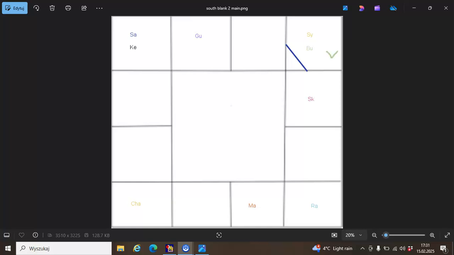We are here in the sign of Mithuna or Gemini, and we find our ruler, which is Mercury or Buddha, in its own sign. So in this scenario, we will assign the 12 full years for the Mahadasha of Mithuna, because we've got the ruler of the sign remaining in its own sign.